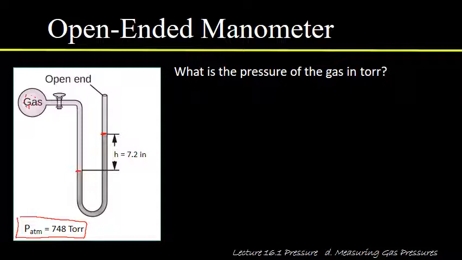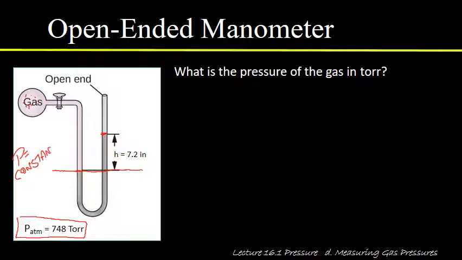Wouldn't change anything. Okay. So what we're going to do, just like last time, is draw a horizontal line at the lower mercury surface. Okay. And at that lower line, the pressure is constant, right?